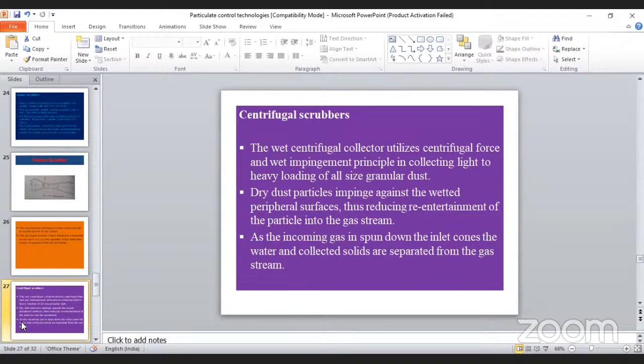This centrifugal collector utilizes centrifugal force and the wet impingement principle. Wet impingement means what? It is the same concept as the impinger bottle I mentioned. How does the impinger bottle work? The impinger bottle has some solvent or water, and the inlet gas is collected inside the water. The bottle is not filled fully, only half or one-third of the bottle volume is filled with water or solvent.